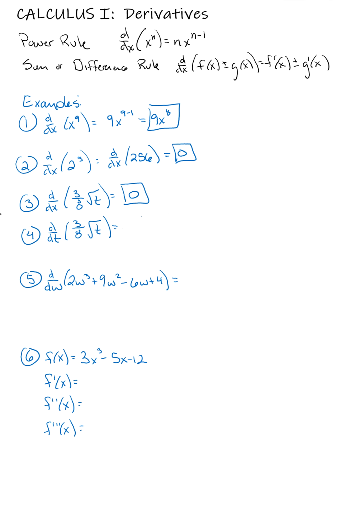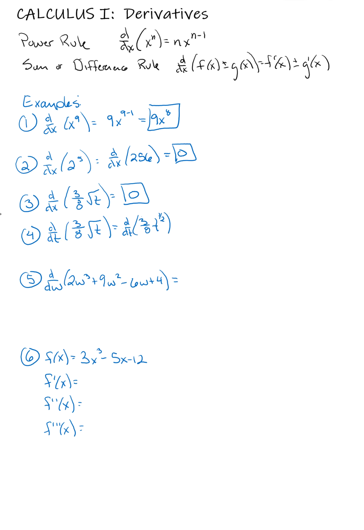Now on to example 4. No tricks here, not really. We're taking the derivative now with respect to t of 3/8 times the square root of t. I'm taking the derivative with respect to t, and I do have a variable of t in there. A few things to make note of, though. The first thing I'm going to do is write this t, instead of the square root, with a 1/2 power.